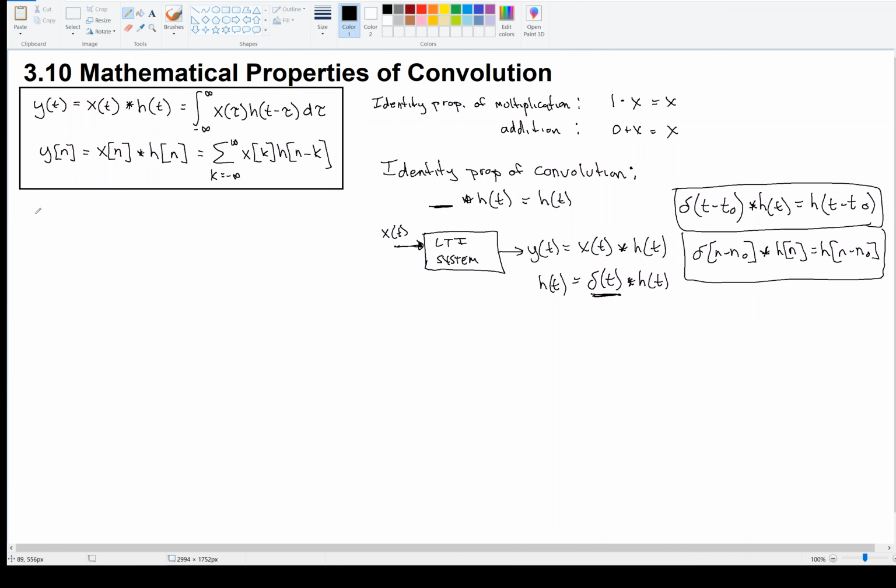Okay, next. It turns out that convolution is commutative.